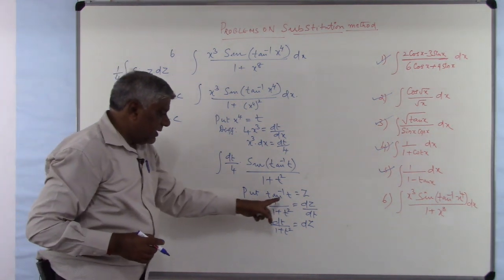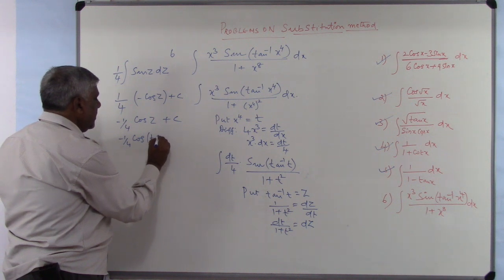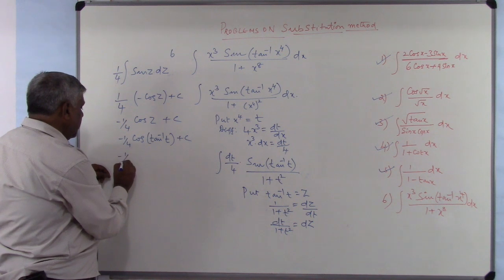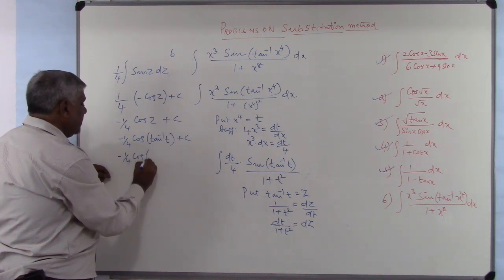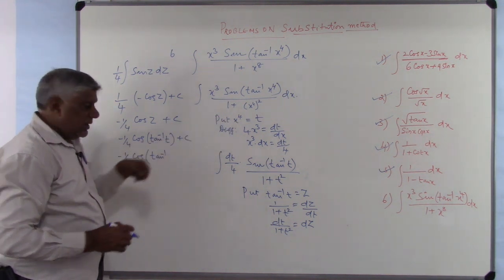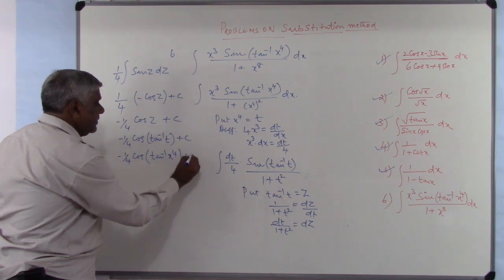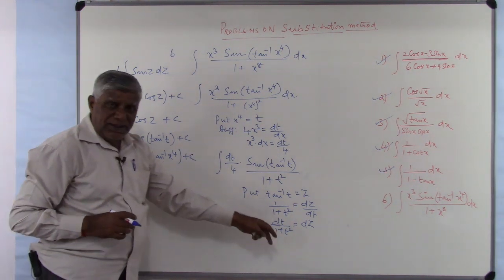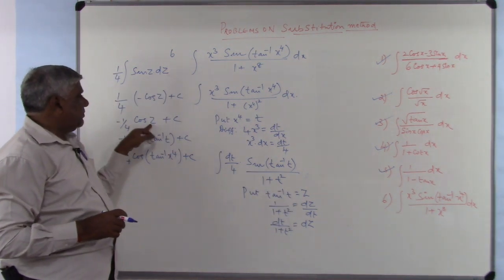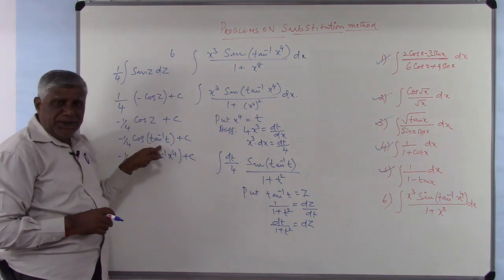That is minus 1/4 cos of z plus c, or minus 1 by 4 cos of z, where z is what we have kept here, tan inverse t, plus c. But what we have kept here for t: x to the power of 4, plus c. I think you can see here, instead of z, we have to put tan inverse t, that we have replaced here.